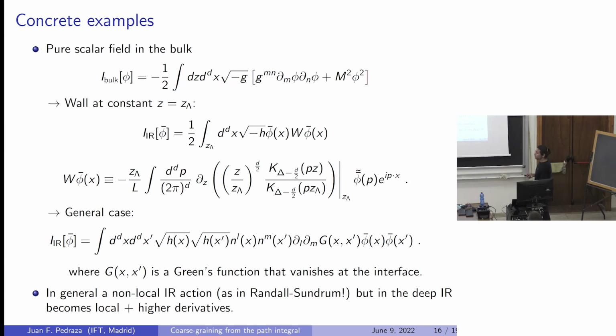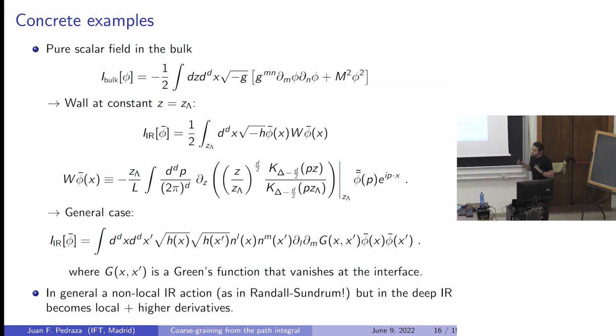Sorry, can I ask? Yeah. Could you explain where the information of the state is encoded in this? I guess if you turn on some sources, G will depend on the sources, probably. Well, crucially, I'm doing this integration by keeping the sources in the complement off. Or you can keep them fixed, but once you do the integration, you are not allowed to change them, right?